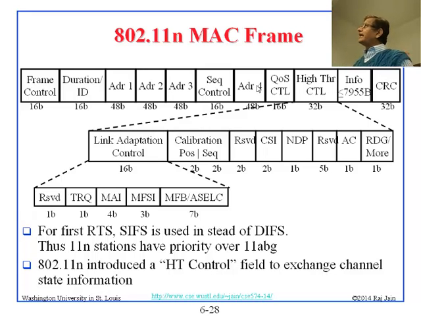Okay, moving on. So now the MAC frame has an extra field. 11N added an extra field in the MAC frame. So the QoS field is already there from 11E, but there is another field from this one. And again, this is required because we have MIMO. Because we have MIMO, because we have STBC, etc., what we need to do is we need to estimate the channel.